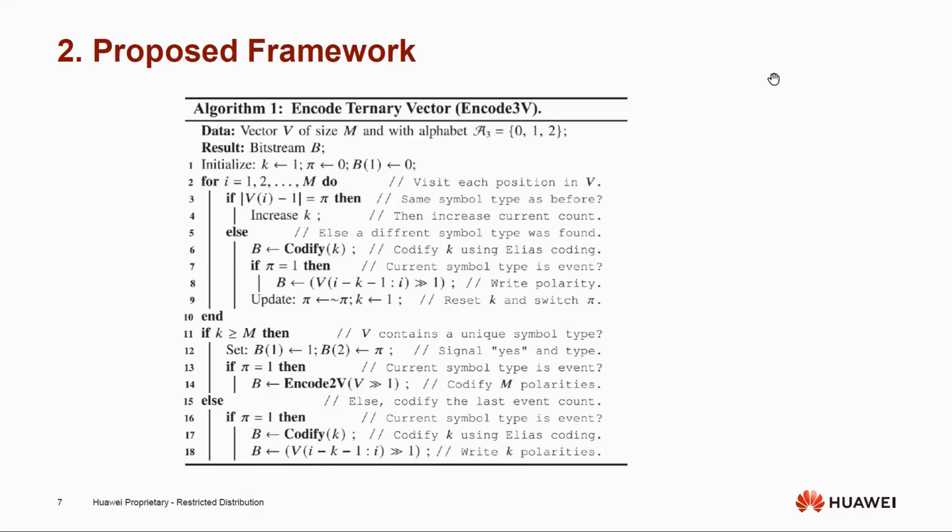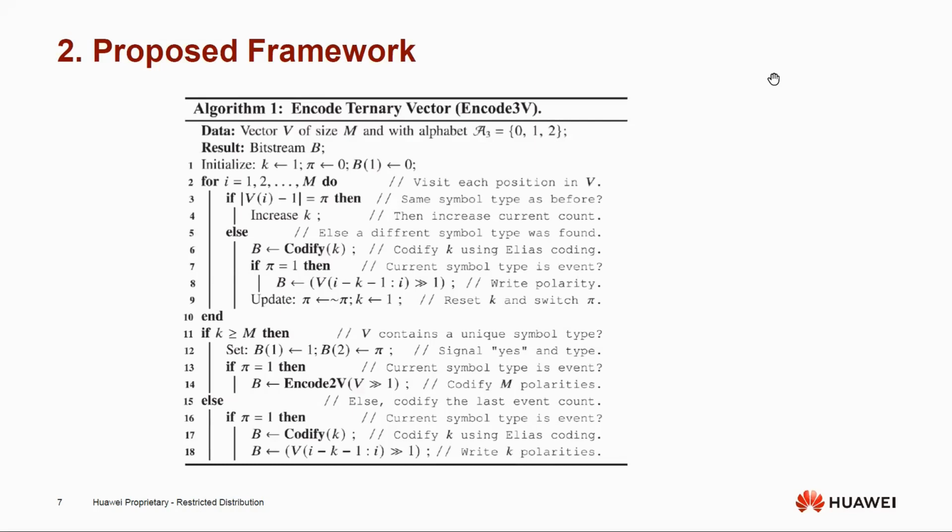Since we propose this codification of 0, 1, and 2, it's actually writing the first bit in the binary representation of those symbols, 0, 1, and 2. And then you, of course, update the switch and the count.